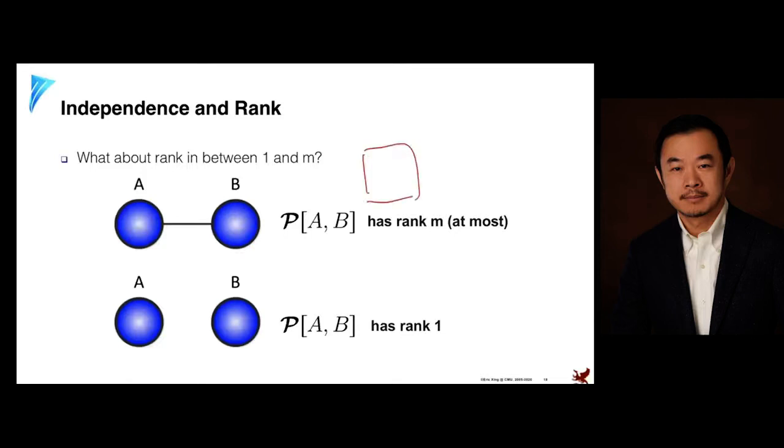Therefore, it is M. This is the highest rank in this matrix, because A and B can each take M values. Right? So now let's see. If I give you a matrix but it has a rank between 1 and m, what graphical model do you have? That's the interesting question.